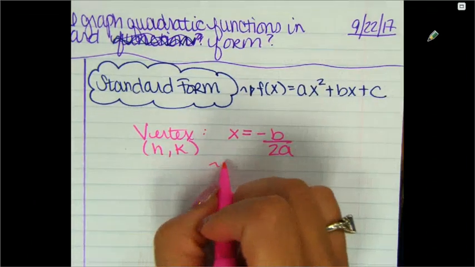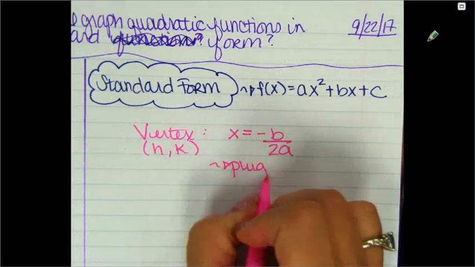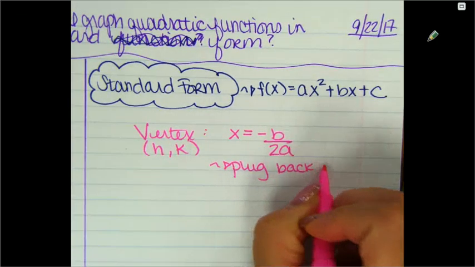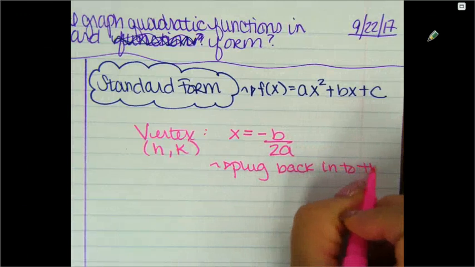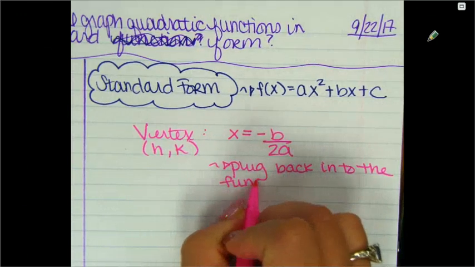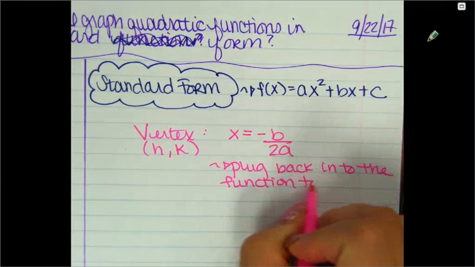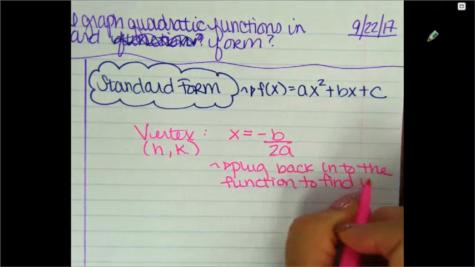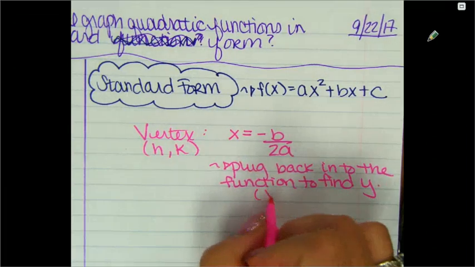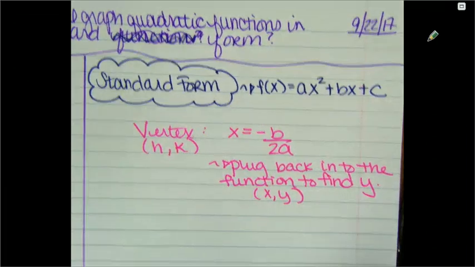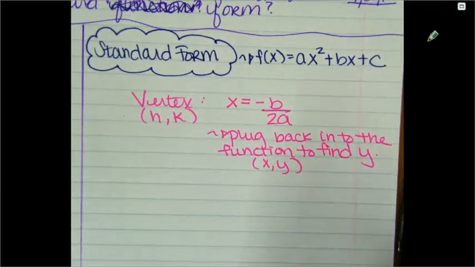Then what you do is you plug back into the function to find y. And then you will get your point, x comma y, or h comma k. So you could go through the process of putting it into vertex form first. How do you put it into vertex form? That's what we did the other day.